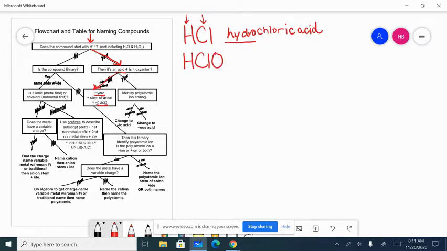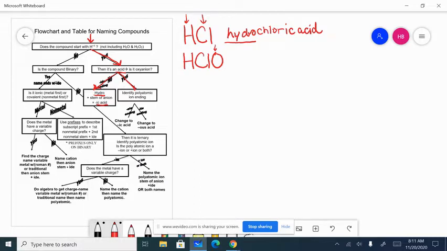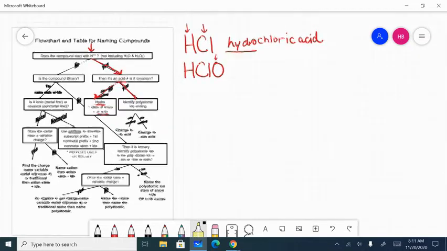So this compound starts with H+, so it is an acid. Is it an oxyanion? Well, this one does have oxygen in it, so I'm going to go down the yes route. It says, identify the polyatomic ion. All you have to do is put your finger over the H in this case.